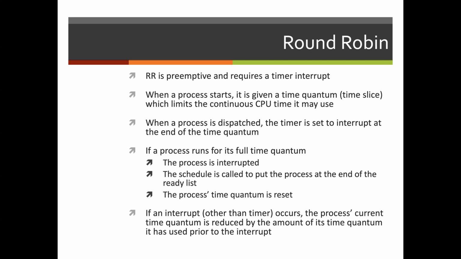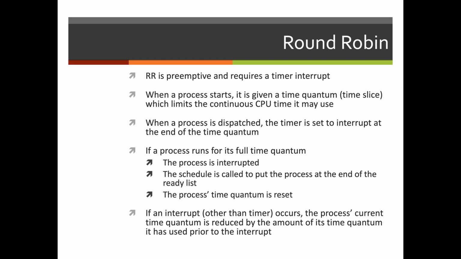So when a process gets dispatched, the timer is set to interrupt at the end of the time slice that has been assigned to that process. And so if a process runs for its full time quantum, then the process gets interrupted. The scheduler is called to put the process at the end of the ready list, and the process time quantum is reset.